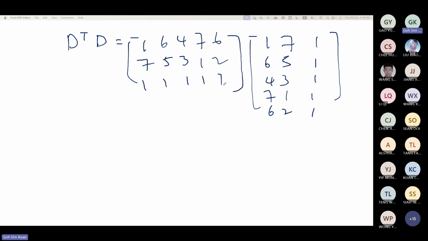Do you still remember the third view of matrix multiplication, that we learned from matrix? Somehow we decompose the matrix into the sum of rank 1 matrices.